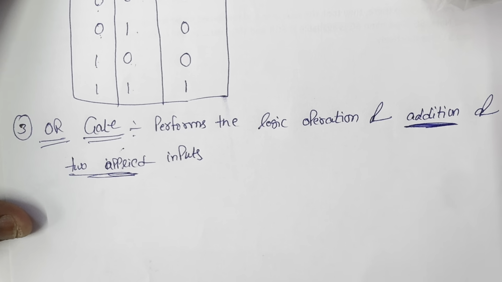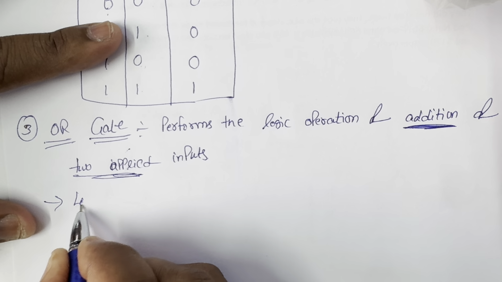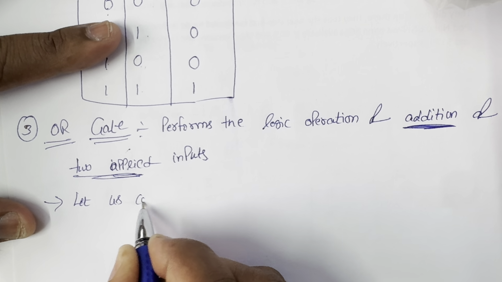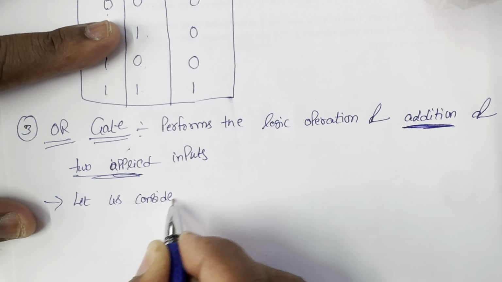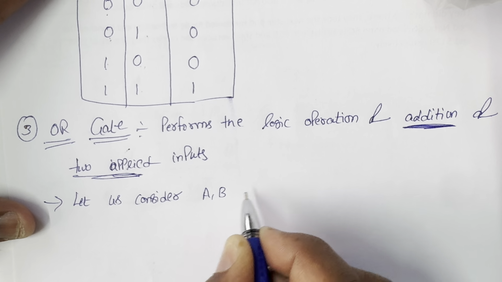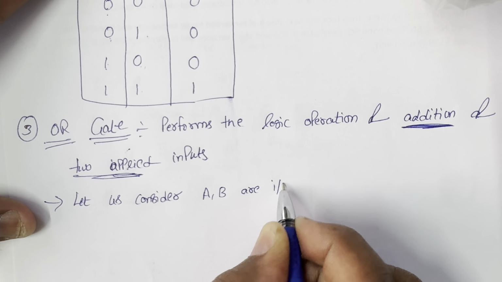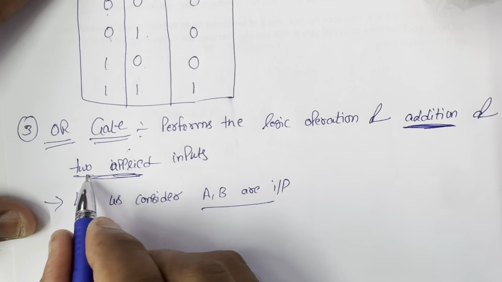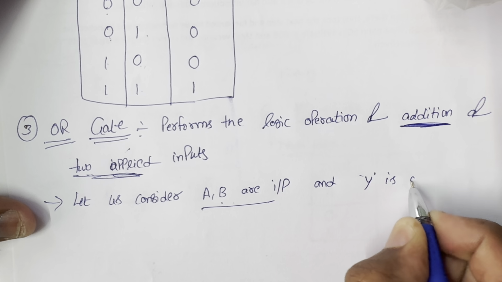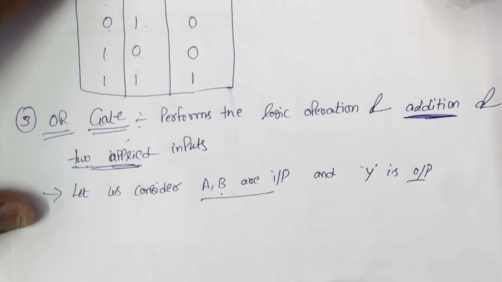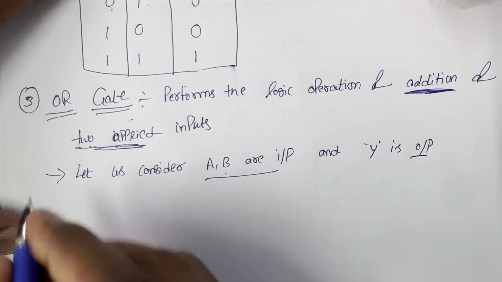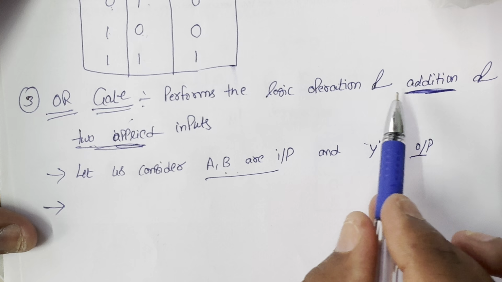Here also we need two inputs. So let us consider A comma B are the inputs and Y is the output. Now the basic operation of this OR gate is addition.